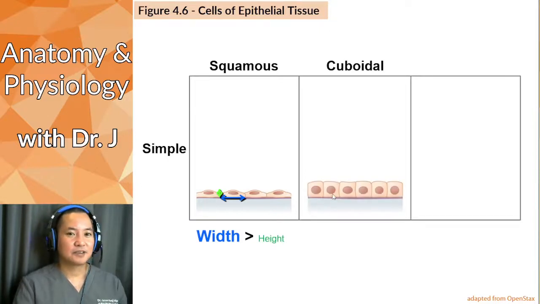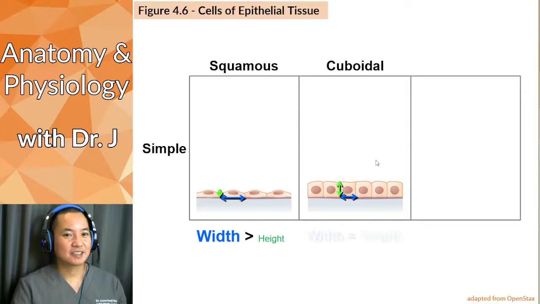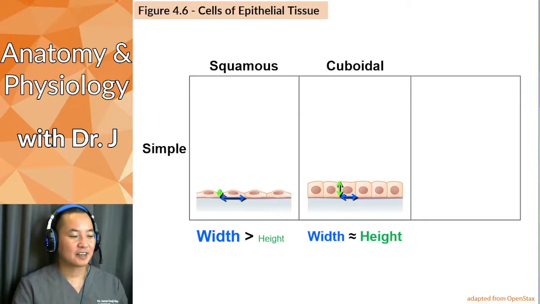Now with a cuboidal cell, if you go back to geometry, a cube has equal lengths on all sides. A cuboidal cell is not going to be shaped exactly like a cube, like a die per se, but when we say cuboidal, it has a width that's roughly equal to the height. So it's very similar in width and height compared to being squashed flat like a squamous cell.